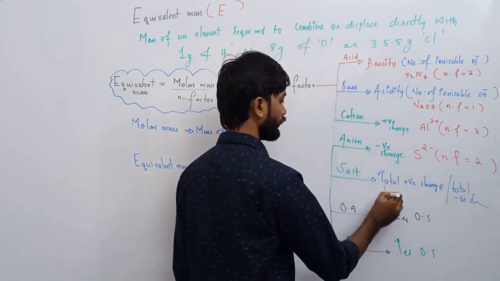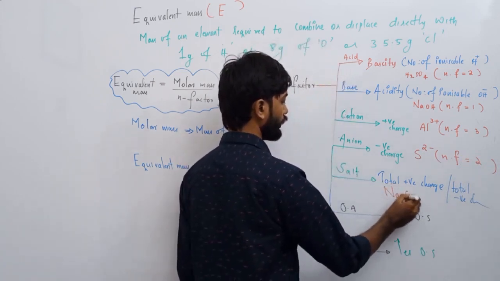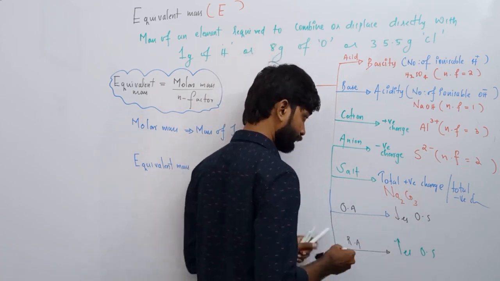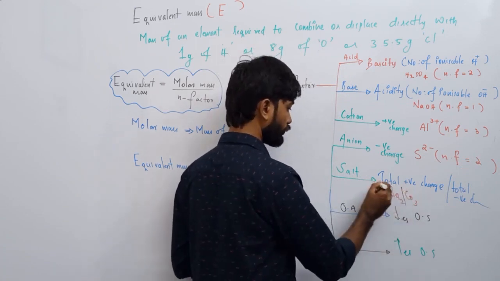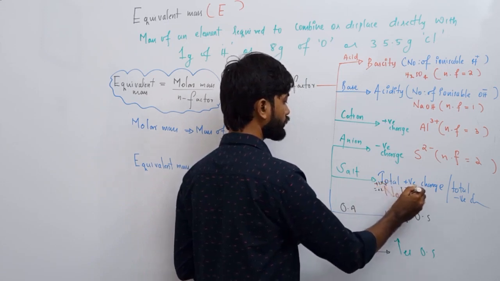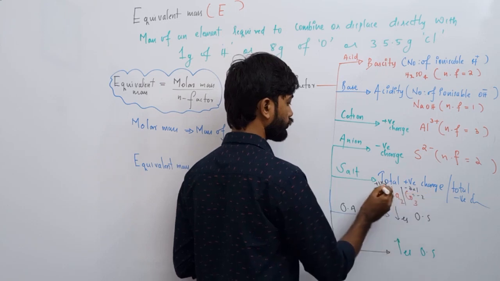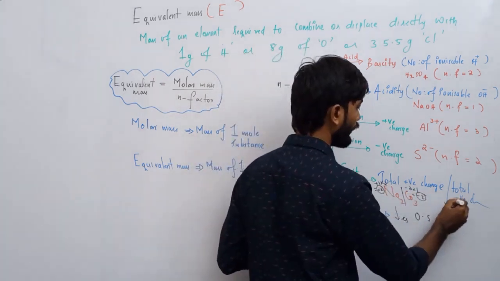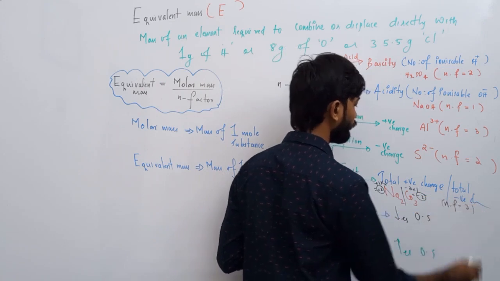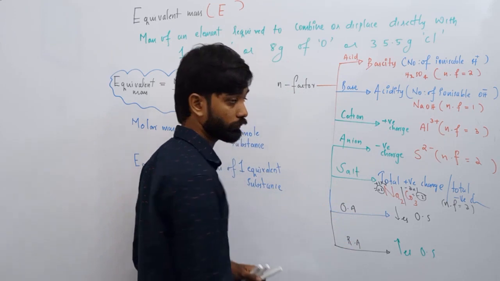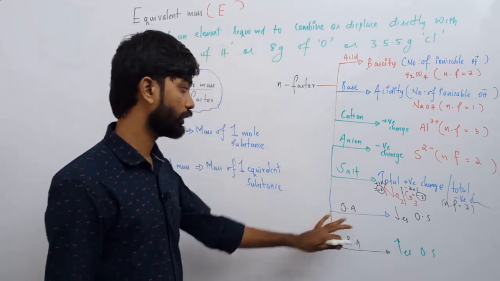Let I have a salt, Na2CO3. The total positive charge is +1 into 2, which is 2. The total negative charge is -2 into 1, which is 2. So that value 2 is the n factor. I'll give you examples for this one, and that is an important section.